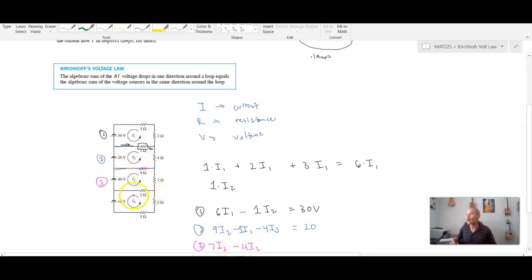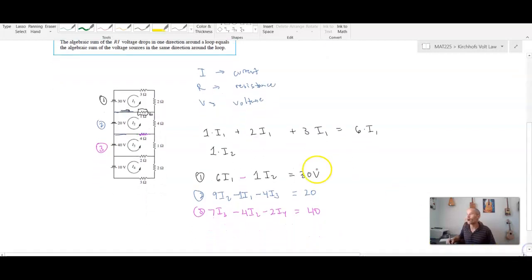And we also have current I4 flowing through one of the branches inside loop 3, and that's going to be 2 times I4, but it's going to be negative because it's flowing in the opposite direction through that resistor than I3. And those are going to sum up to give us 40 volts.